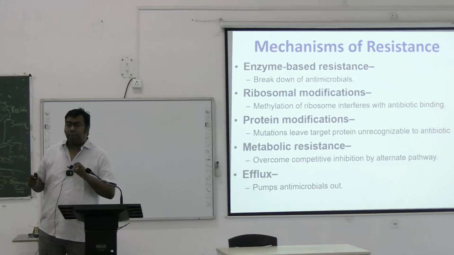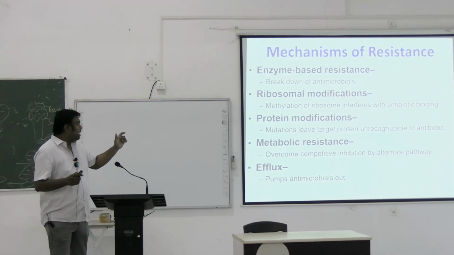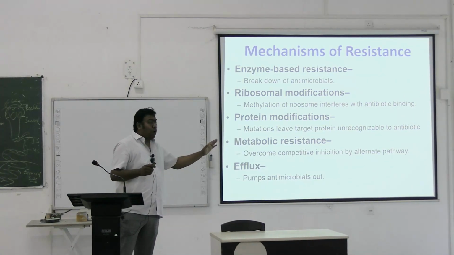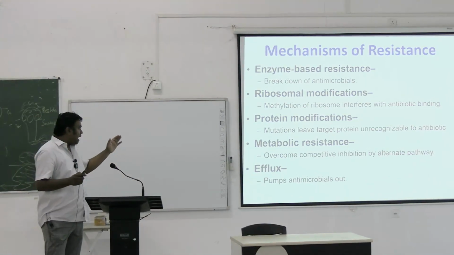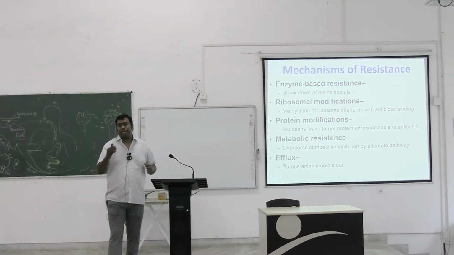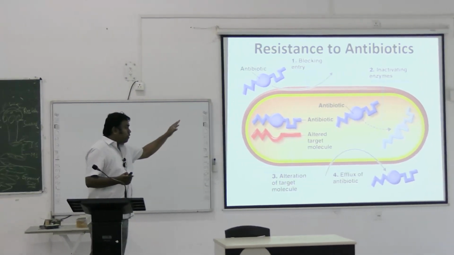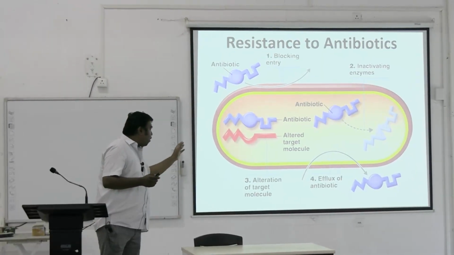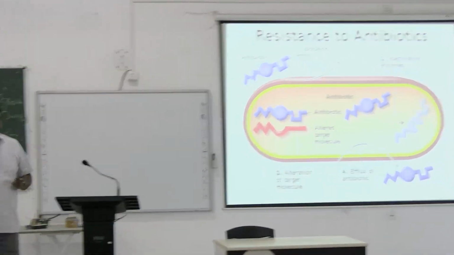For MRSA, the penicillin binding protein, they altered its structure. Metabolic resistance: they have an alternative pathway to develop folate. And efflux: the antibiotic is not able to penetrate the bacteria itself. So there are primarily these four or five mechanisms.